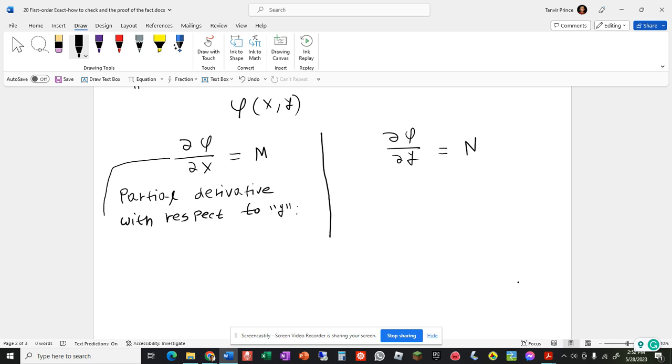The left hand side is exactly the second partial of phi, first with respect to x and then with respect to y. And the right side is simply the partial derivative of M with respect to y.